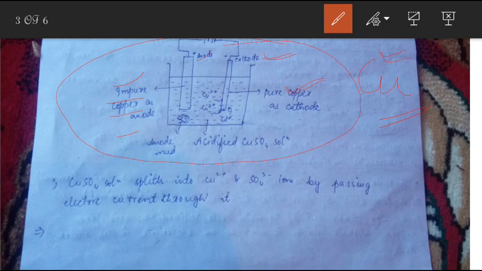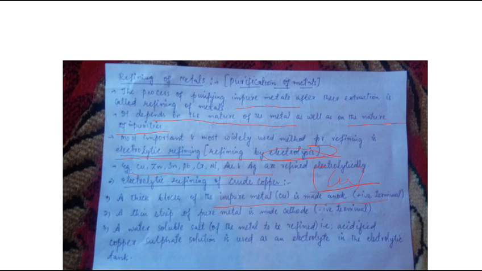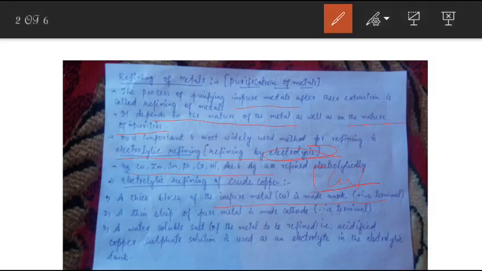Number third is, we have to fill the electrolytic tank with a solution of electrolyte. But the solution must be, here you will see, third step, a water soluble salt of the metal to be refined. A salt solution of the metal which is to be refined.